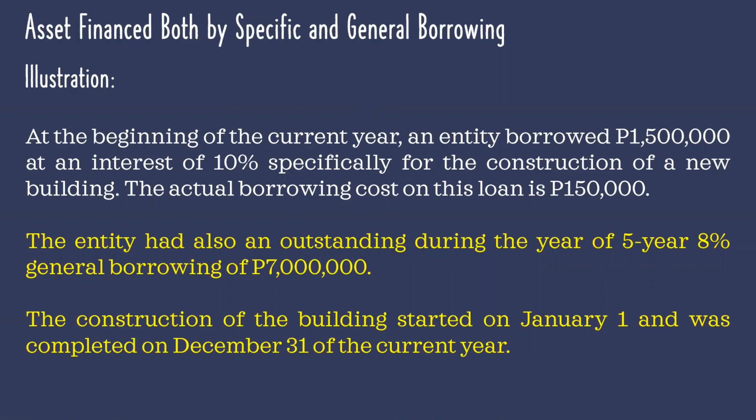So you have here, what if your asset is financed both by specific and general borrowing? And usually ito yung talagang nangyayari na ang ating asset ay financed by specific tsaka general borrowing.